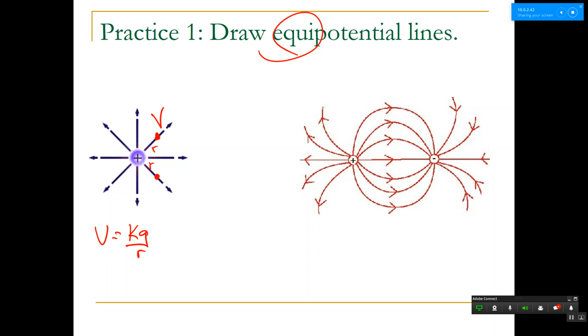The same V. The first V and the second V have the same value because they're both at a distance r. Nothing's changed, it's just located somewhere else. That means there's an infinite number of dots around this at a distance r that have the same exact potential. If we have a line that passes through all of these, we call that an equipotential line.